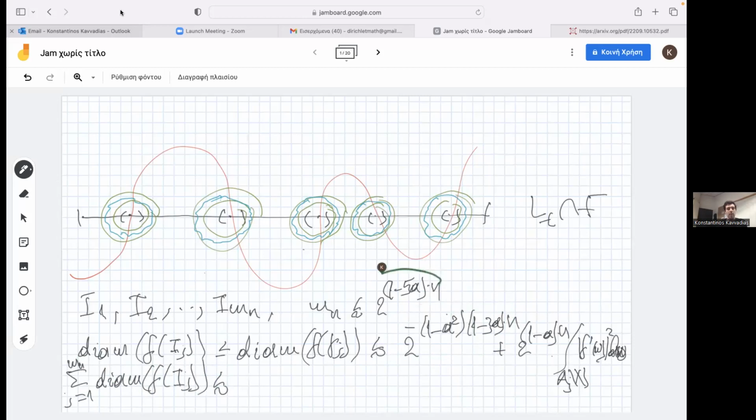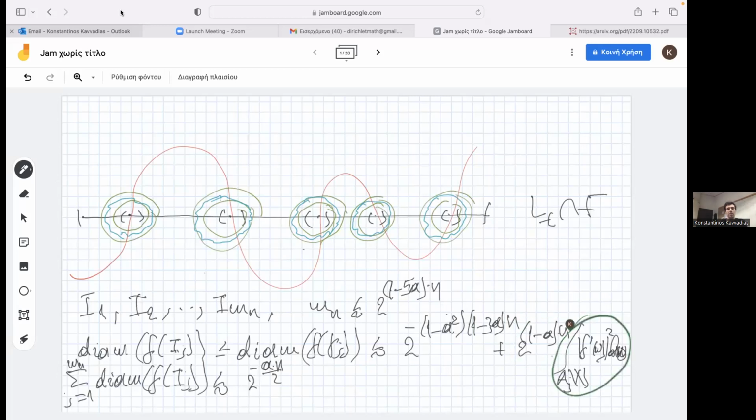So if I take A sufficiently small, as I have done in the beginning, this is at most a constant times 2 to the minus A times N divided by 2. Here this term remains, and I have the sum of those integrals.